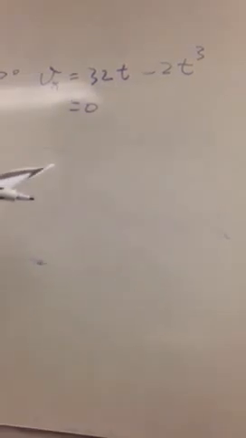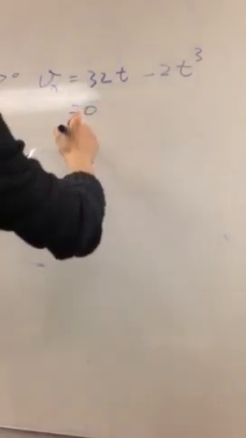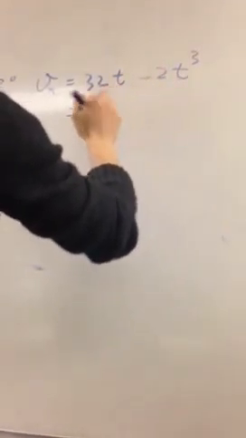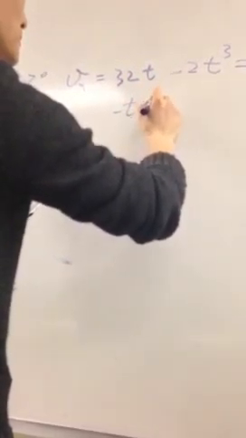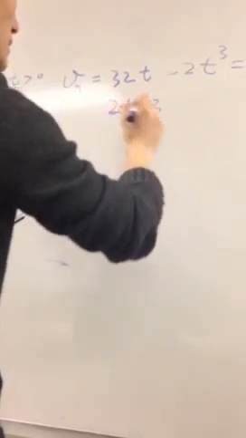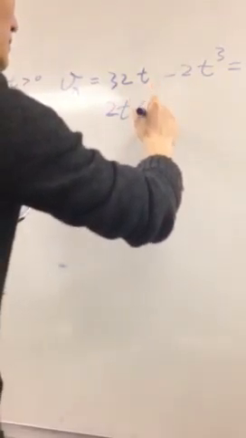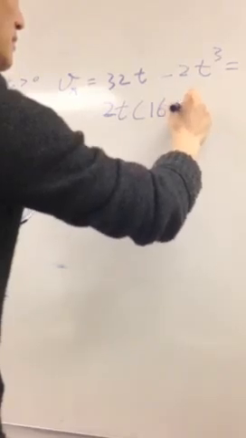So it will reach the farthest place in the x direction. And when you set it equal to 0, you can take out 2t, 16 minus t squared.